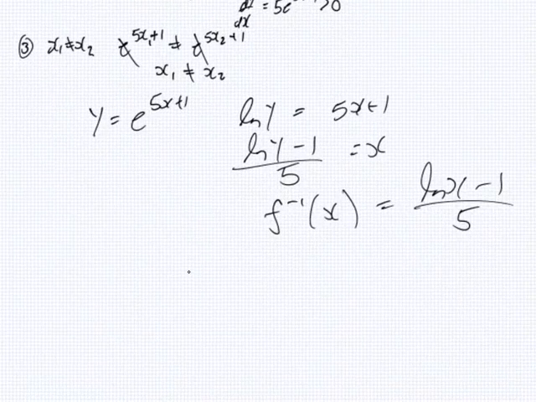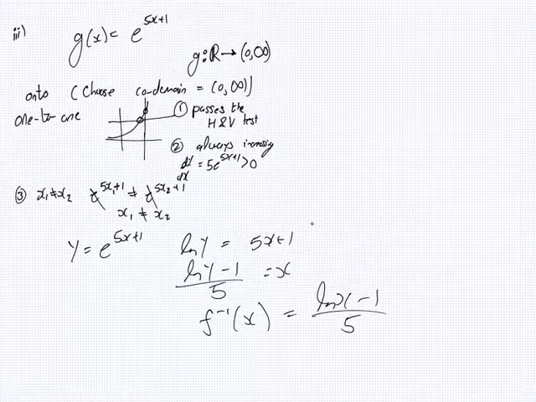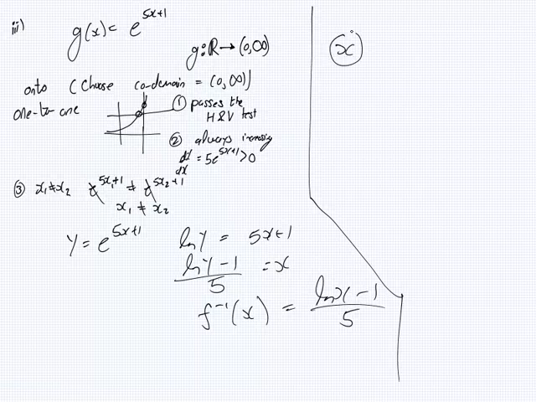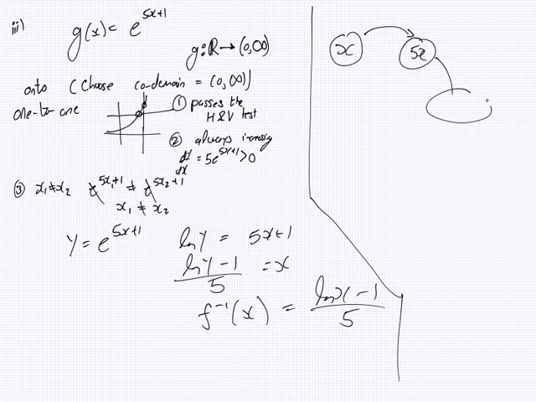The second way to do it is by using a sort of bubble. You start off with x. Then you calculate 5x. Then you calculate 5x plus 1. And finally you do e power 5x plus 1.